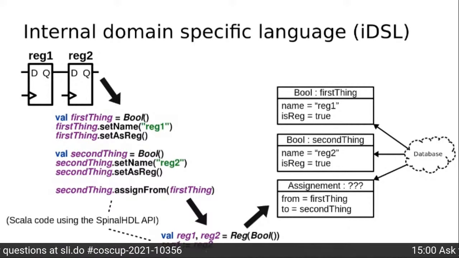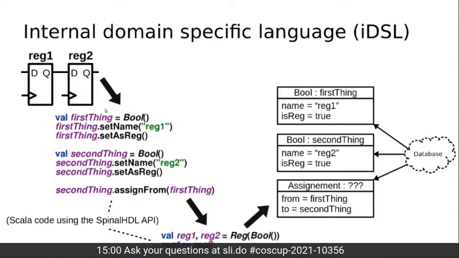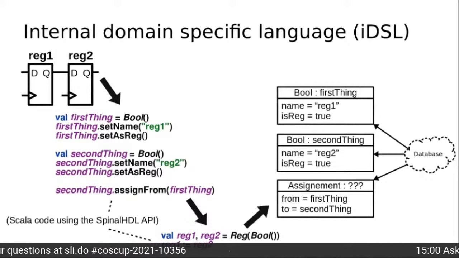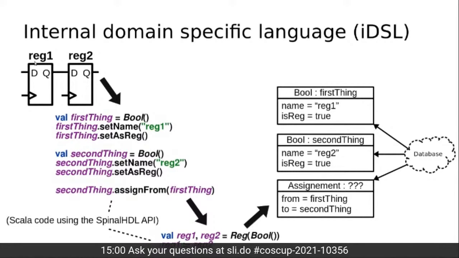But in our case, we will use that concept to generate hardware. And this is some Scala code which uses the SpinalHDL API to define this hardware. So let's read the example.